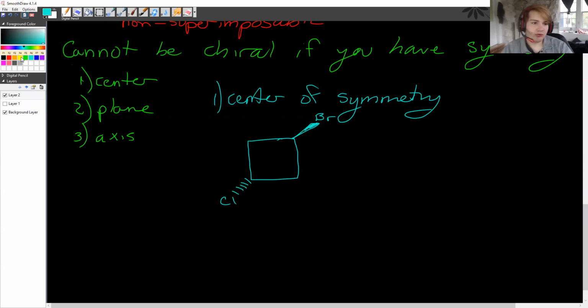You're standing right smack dab in the middle right there. And what I want you to notice is that the center of symmetry is telling you that when you're standing in the center of the molecule, you're creating a plane of symmetry. So you can't see center of symmetry in this 2D function.